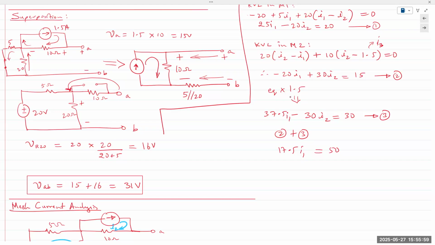Now, wait. I1 is 45 divided by 17.5, which gives me 2.5714 amps. Plug it into any of the above equations, and you can solve.